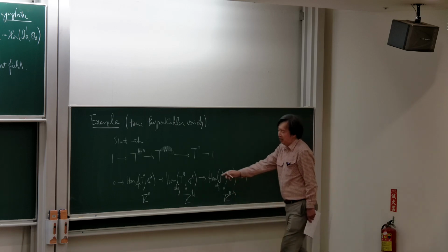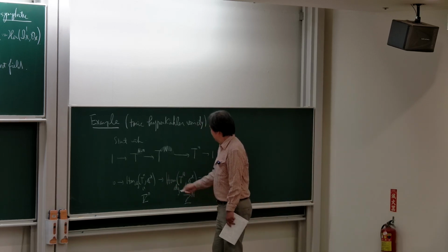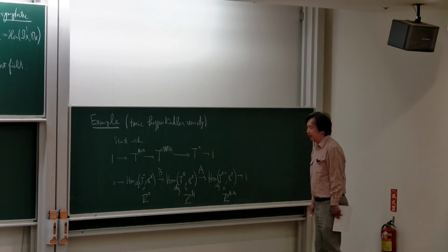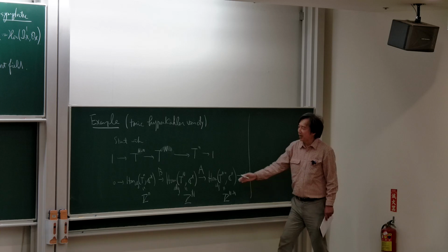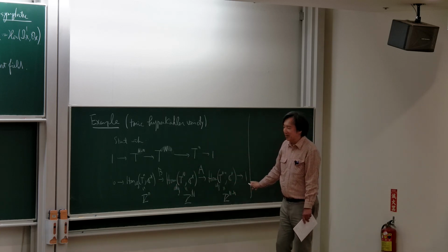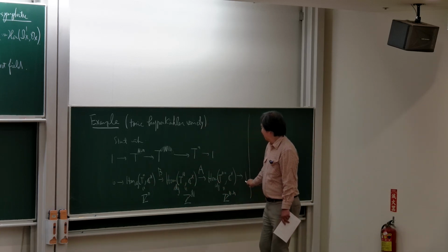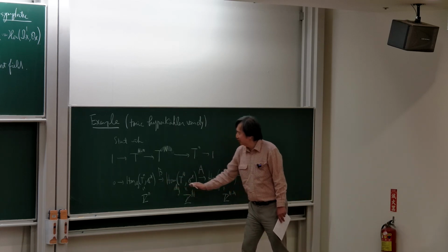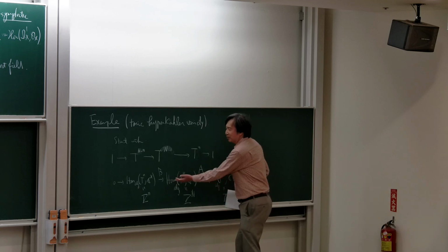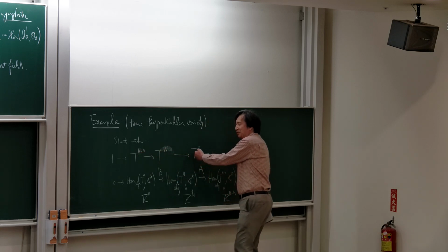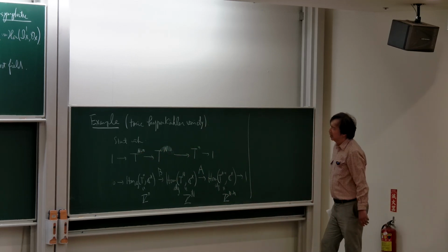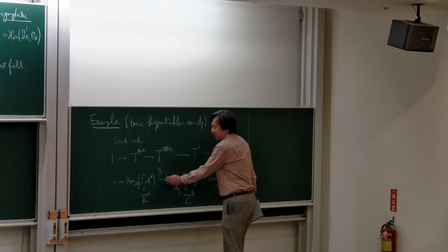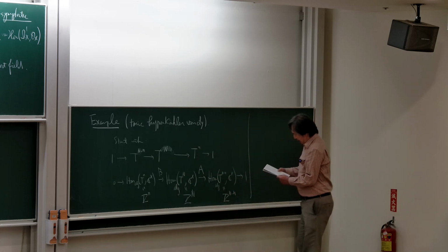And this map is determined by some matrices A and B. If you start with such an exact sequence of finite rank free modules, then you can recover this exact sequence of algebraic tori. So now let's start with such an exact sequence determined by A and B, right?